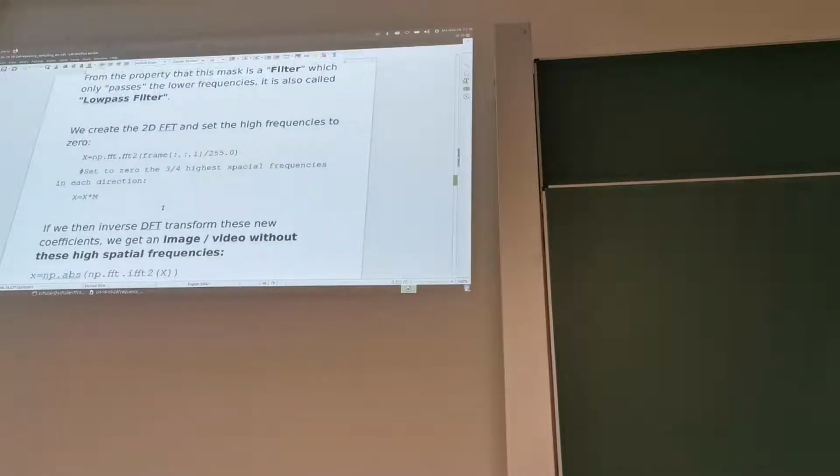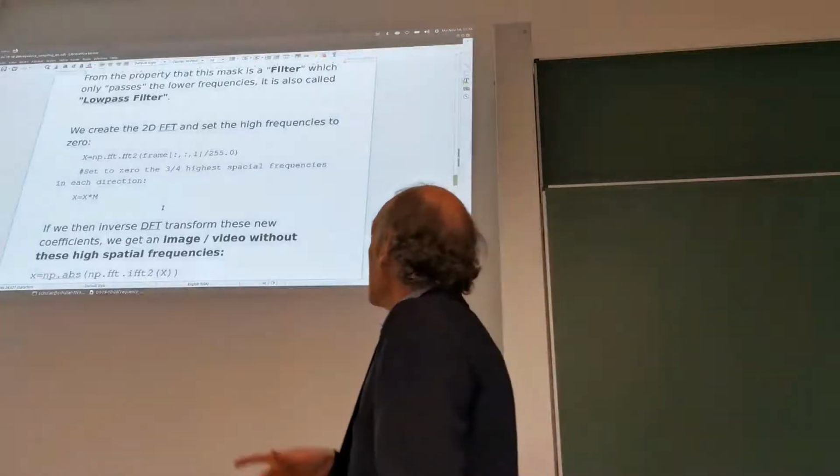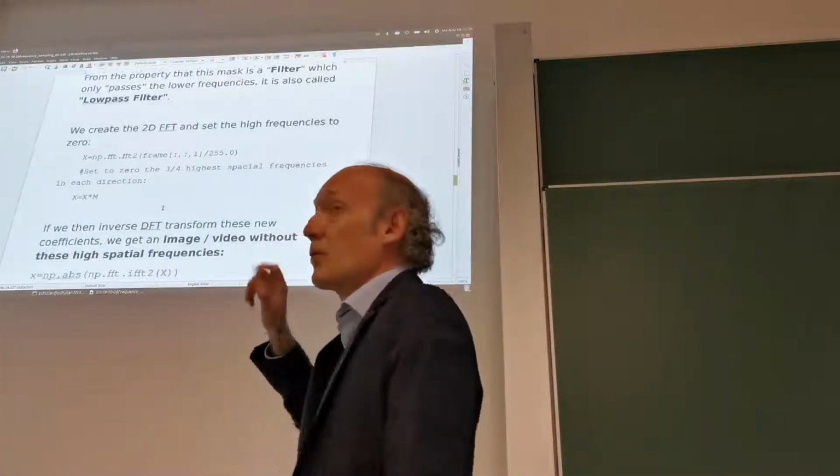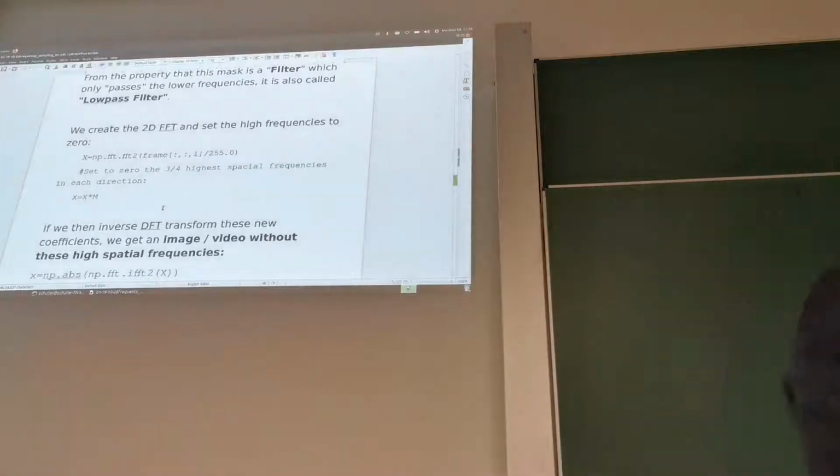Now we can create a two-dimensional FFT and set the high frequencies to 0, as in this example. First, we take this frame from the camera. In this case, this would be the green component, which you can see with index 1 in the primary color index.